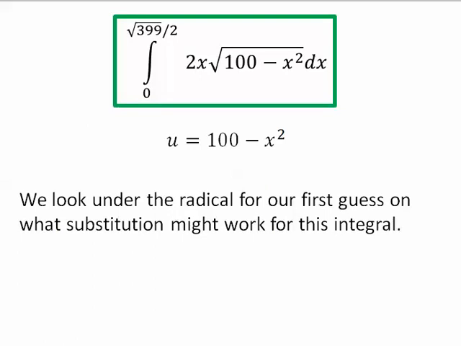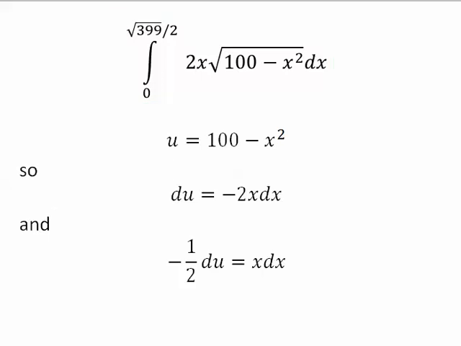We look under the radical for our first guess on what substitution might work for this integral. So we're going to make a first guess of u equals 100 minus x squared. And then we're just going to play it out, see if it works. If u equals 100 minus x squared, find du. du equals negative 2x dx.